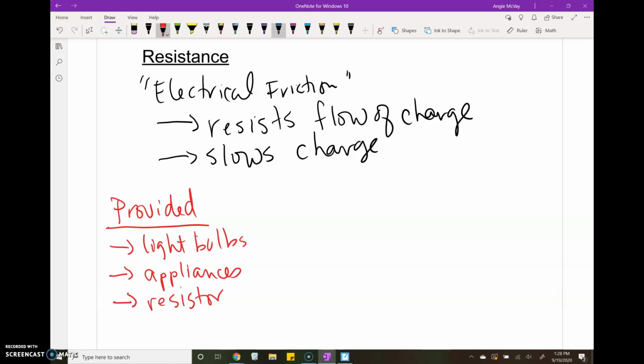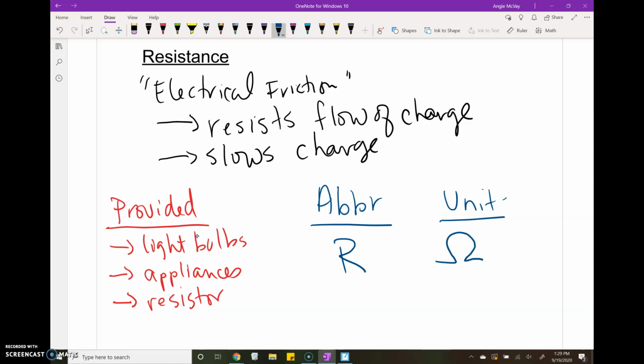Resistance has an abbreviation, which is capital R, and its unit is the ohm. Okay, it's written like the Greek letter omega. Okay, and it's pronounced ohm.